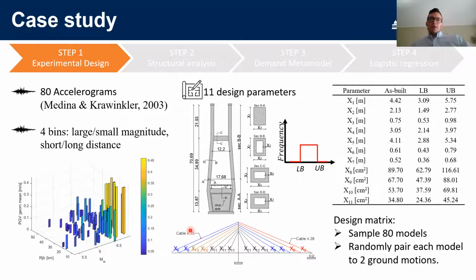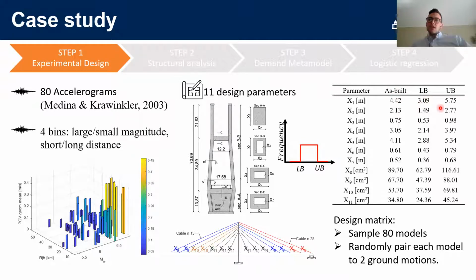And then we combine this set of accelerograms with a set of design parameters by means of random sampling to obtain the design matrix. For each of these parameters, the as-built values are those of the real bridge, which I consider as starting values.